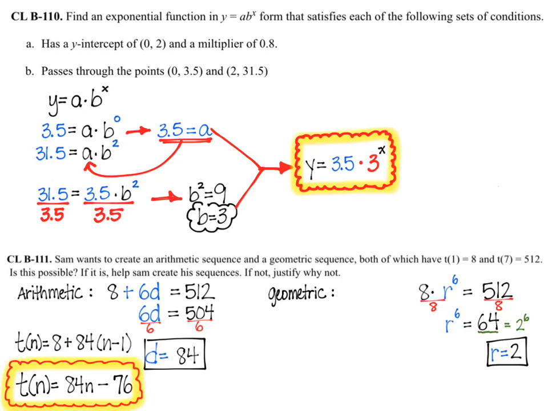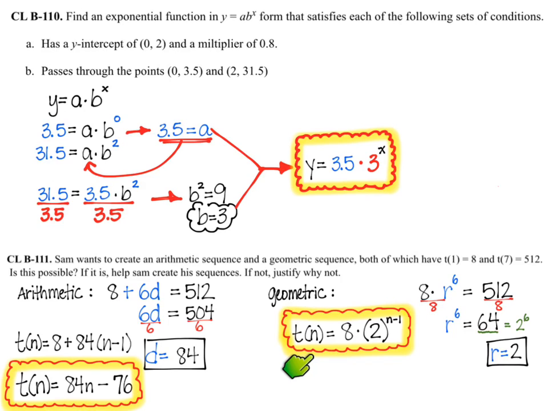We're now going to use that r to write the geometric sequence equation, where t of n is equal to 8 times 2 to the n minus 1. And that would be a perfectly fine answer. But you might notice that this 8 happens to be 2 to the 3rd.